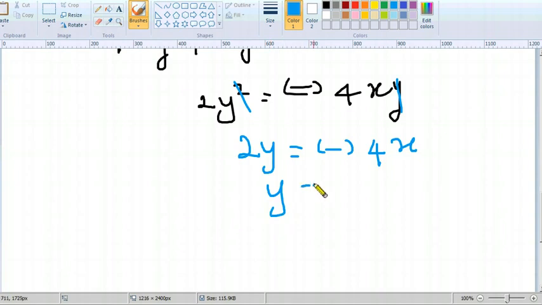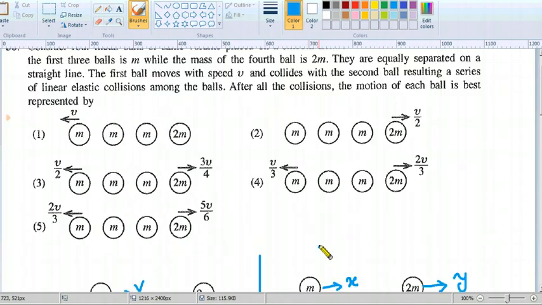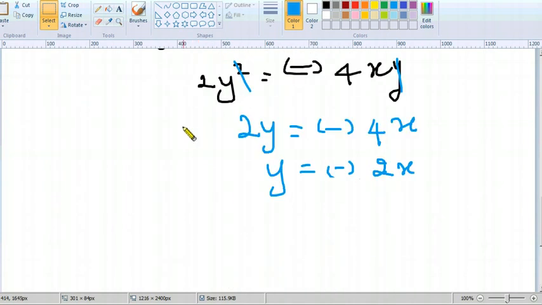Then y equals minus 2 times x. So this is not the goal. We have to get the relationship with v, the initial v. So let's use this equation again to find the relationship with v.